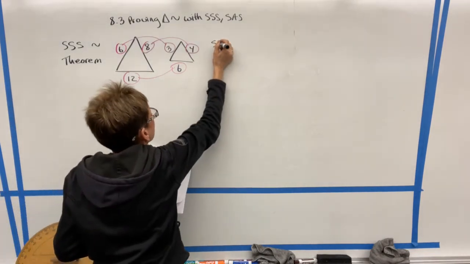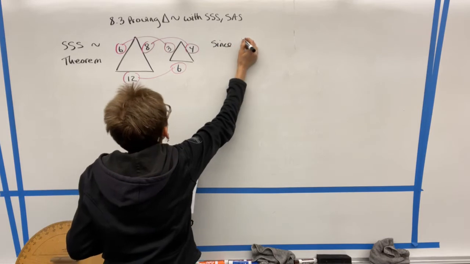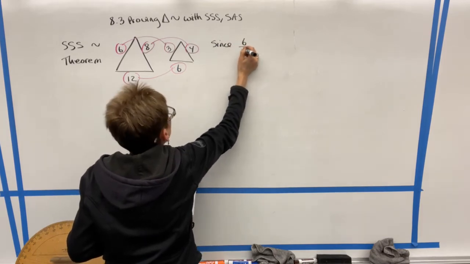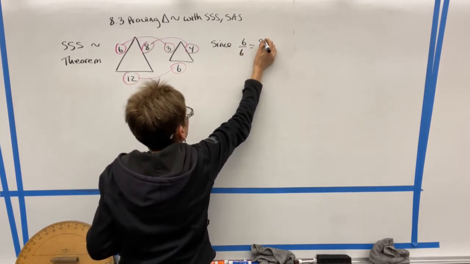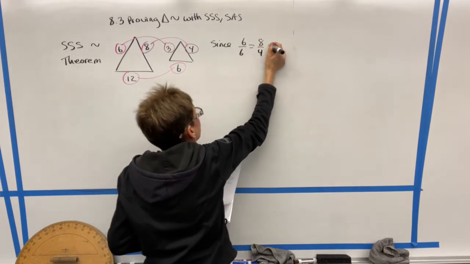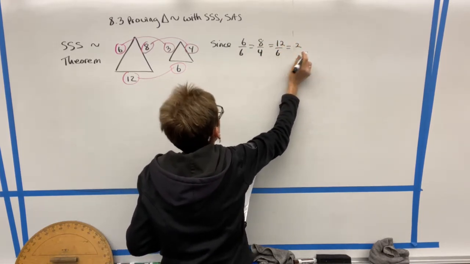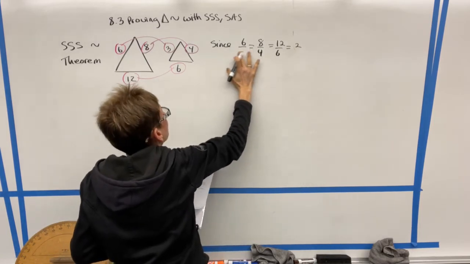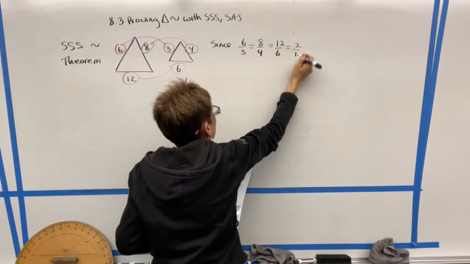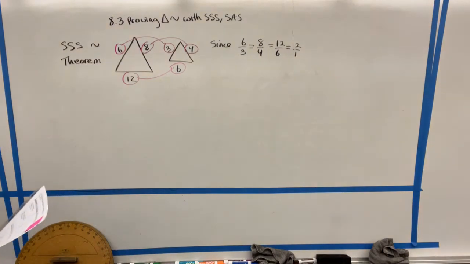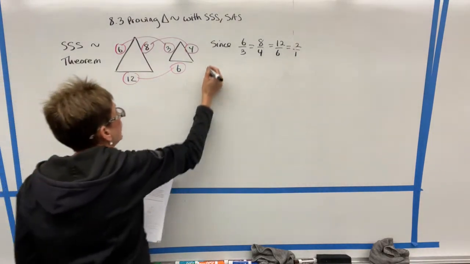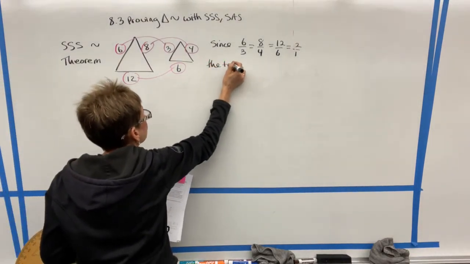Let's look at that. So we can say since 6 over 3 is equal to 8 over 4 is equal to 12 over 6 is equal to, 6 over 3 is equal to 2 over 1. Since they are proportional and all of the sides have the same ratio, we can say the triangles are similar.